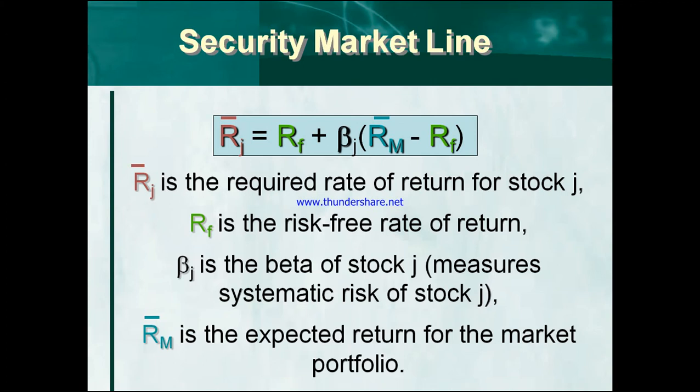Beta is the stock's measure of systematic risk. This is the expected return of the market portfolio, M. This is the required rate of return, which we can calculate using this technique: the risk-free rate plus the beta coefficient times the market return minus the risk-free rate. This gives us the security market line. The market line tells us whether it is an increasing or decreasing function.